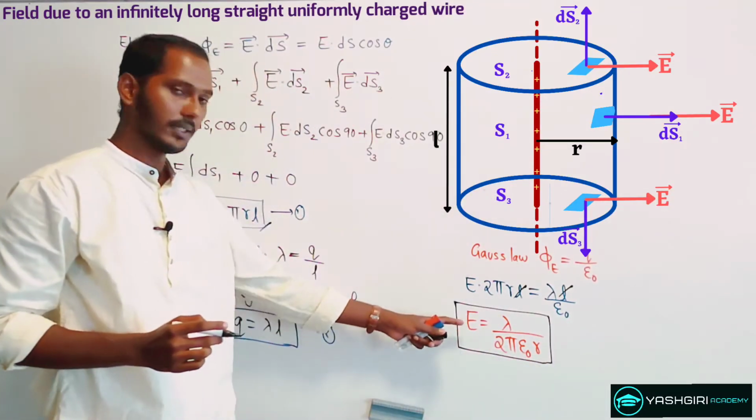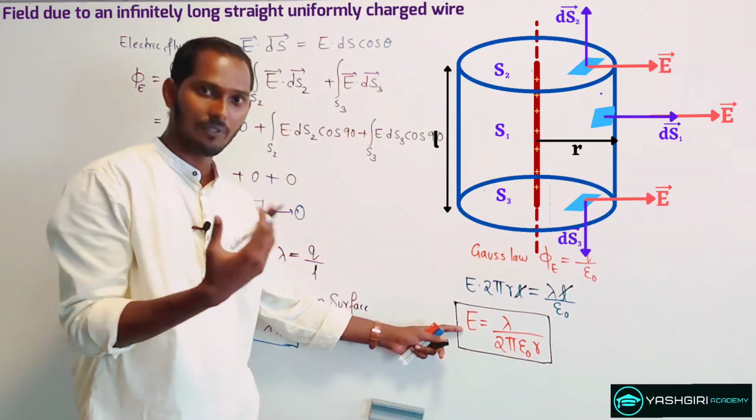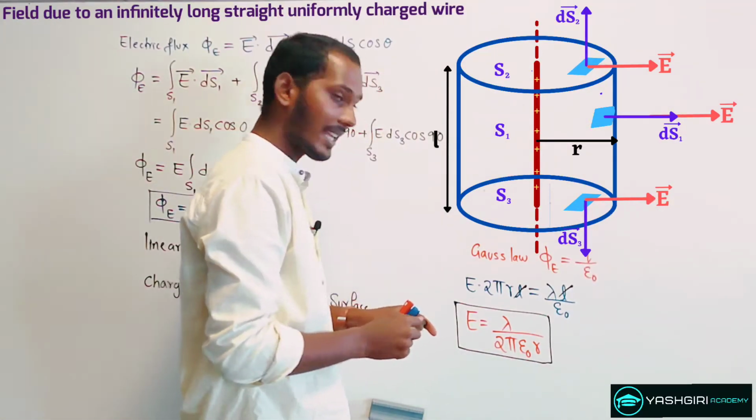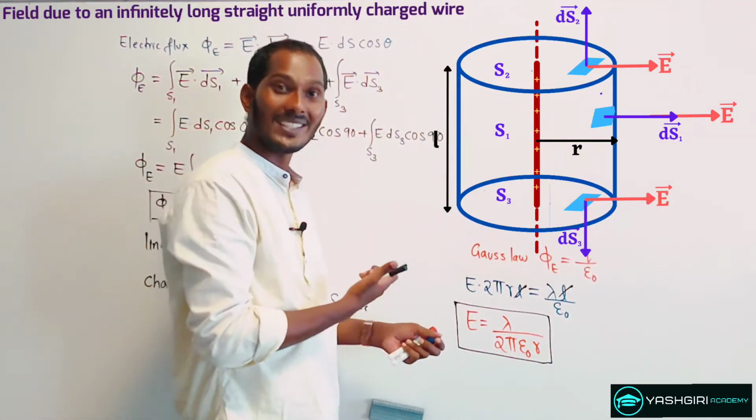Now, if you want to write the same electric field in vector form, what we know is that the direction of the electric field is always radial.